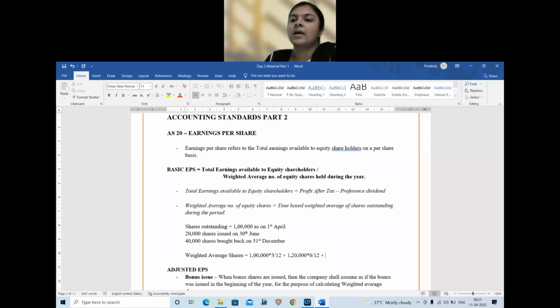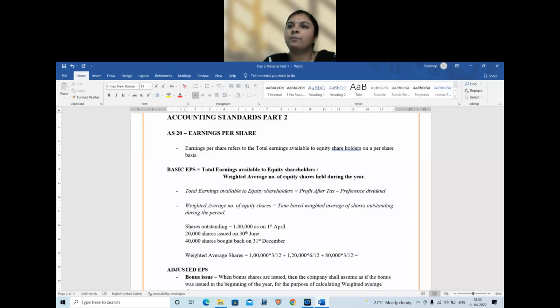plus. Now subsequently the shares have been bought back, for which 40,000 shares have reduced. So now your number of shares is 1 lakh 20,000 minus 40,000, which is 80,000 shares. So 80,000 into January, February, March, so 3 months. So 80,000 into 3 by 12.